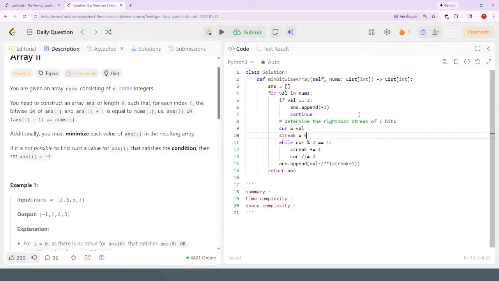I wonder if I can somehow, maybe I don't need to keep a streak. Maybe I can just keep the power of 2. So if streak is 0, I subtract 0.